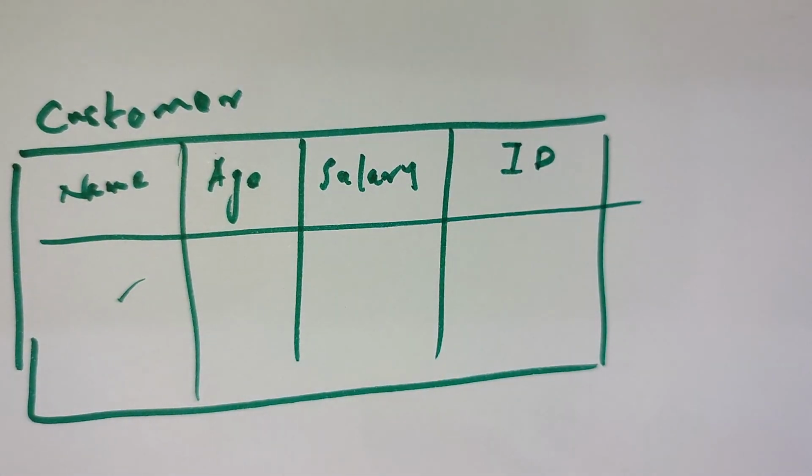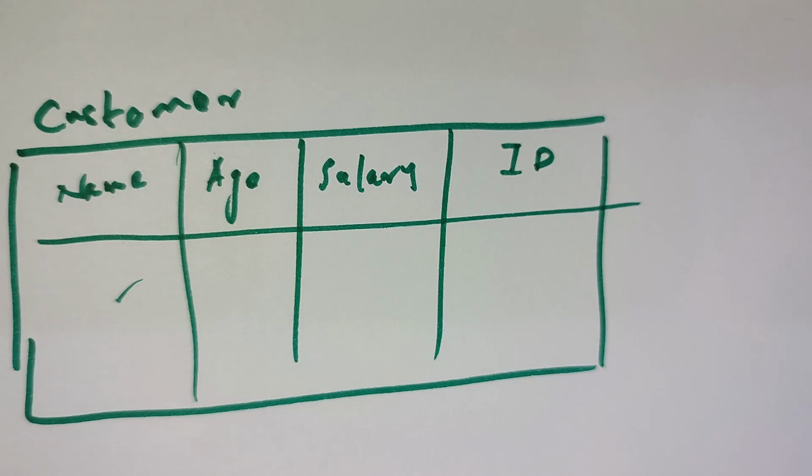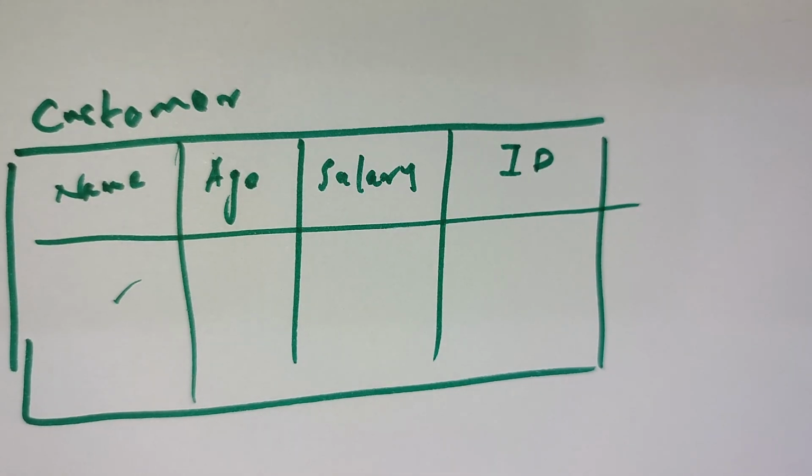So this is the table being created. Now the user who wants to add any detail of any customer, those details we can add one by one here. How that can be filled up, we'll see in the next video.